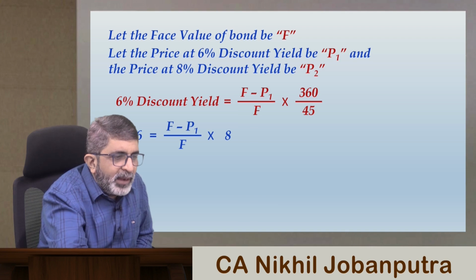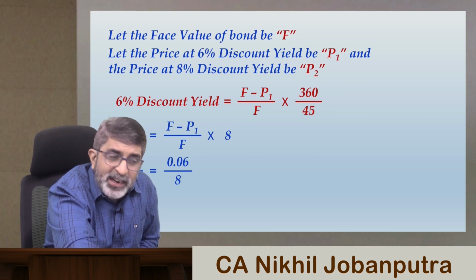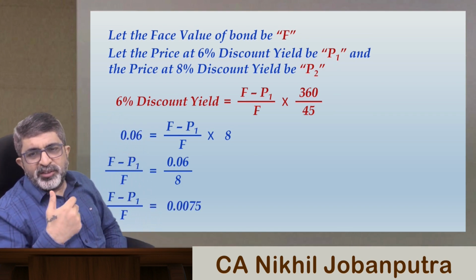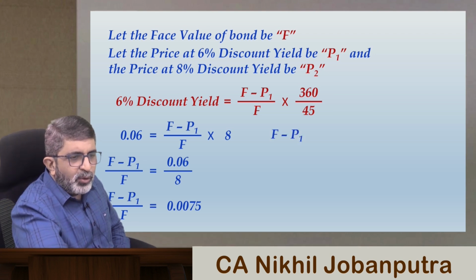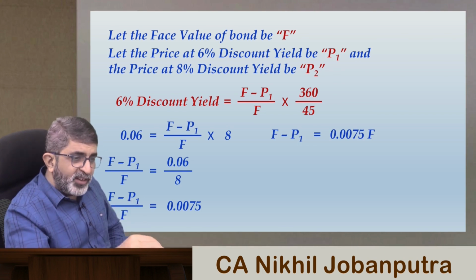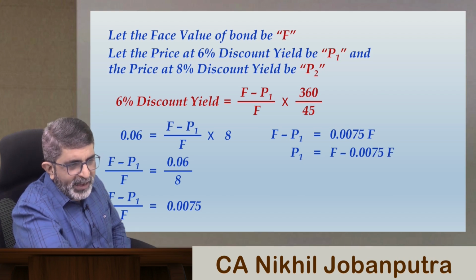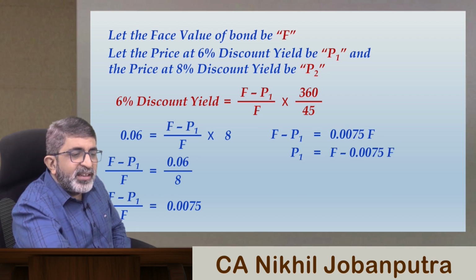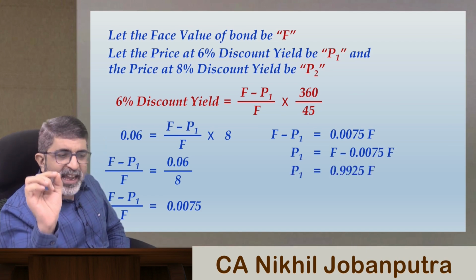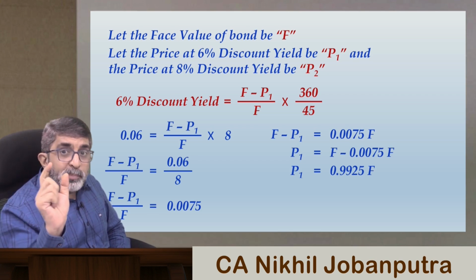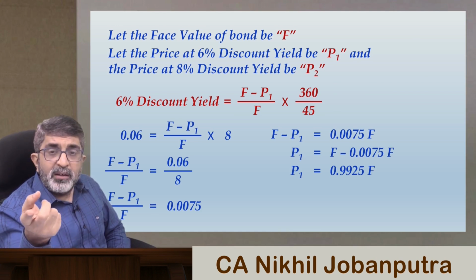Fine. So when we solve this equation, F minus P1 divided by F will be 0.06 divided by 8. When you take 0.06 divided by 8, what you get is 0.0075. So F minus P1 will be 0.0075 into F, and when you solve it, the P1 value will be F minus 0.0075 F, and that will be 0.9925 F. So the P1 value is expressed as 0.9925 of the face value.